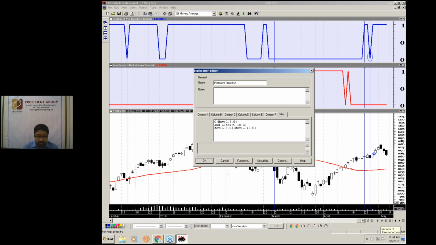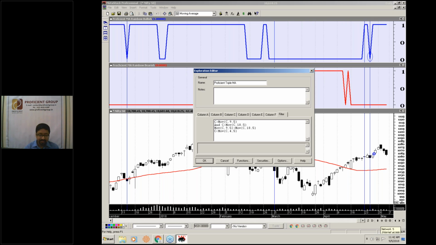So although I'm looking for stocks that are above the intermediate and longer-term moving averages, for the short term I want some weakness. So here goes my coding: I want the closing price C to be less than the short-term moving average of 4 days, right? So this is the coding.